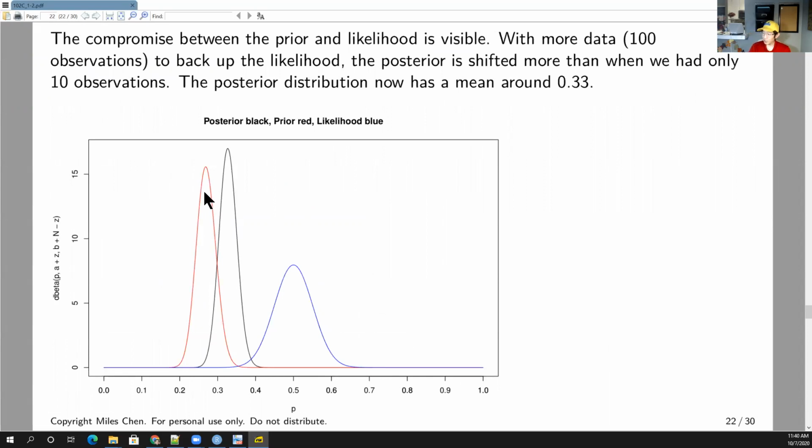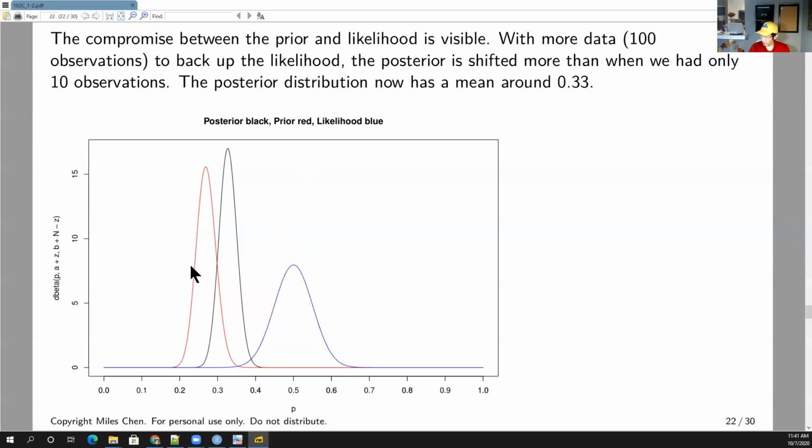Well, it shifted a lot more because the prior distribution was kind of broad. This was the prior distribution before we saw this player do anything. This was just like, I'm picking a random player. We don't really know anything about this player to start with. And then we're seeing data from 100 at-bats, okay?